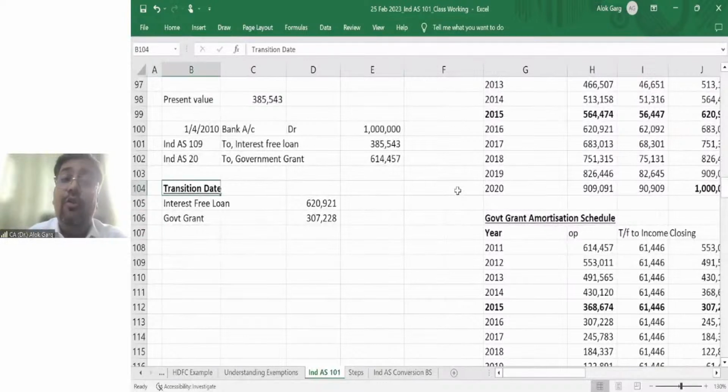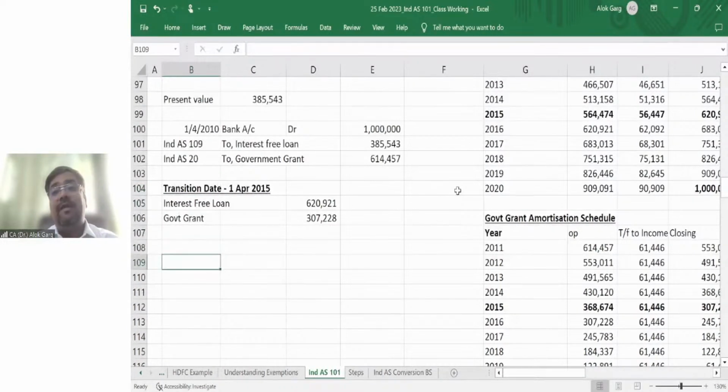But on the transition date, which is 1st April 2015, what was the amount which was lying in the IGAAP financial statement? Interest-free loan as per IGAAP. Tell me, what was the amount lying in the IGAAP financial statement?